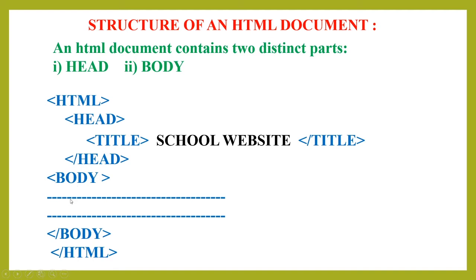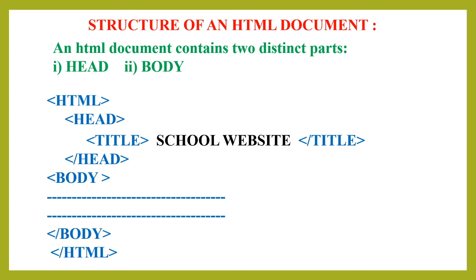Now comes the main part of the HTML. Whatever you see on the web page, whether it's text, a hyperlink, video clips, or audio clips, if you want to display it in the web page, everything should be placed inside the opening and closing body tag. This body tag defines the content of the web page.